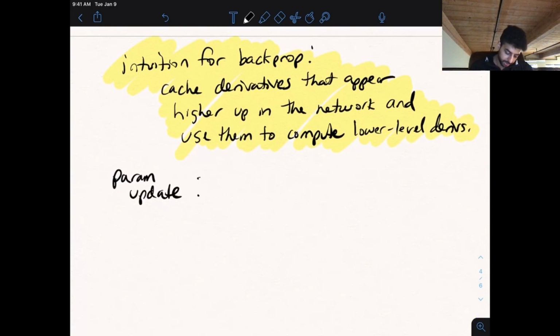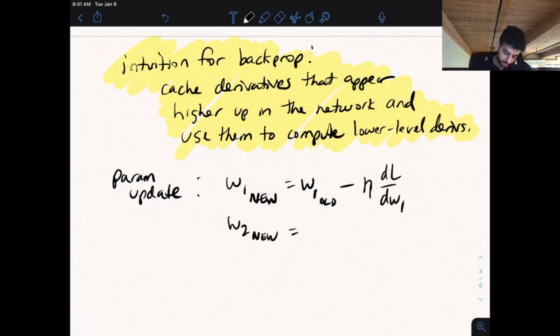Now that I've computed these partial derivatives, I can make a new w sub 1 by taking the old value of it, subtracting the learning rate eta times this partial derivative. Similarly, w sub 2 new is w sub 2 old minus eta times dL/dw sub 2. So this is the parameter update stage.